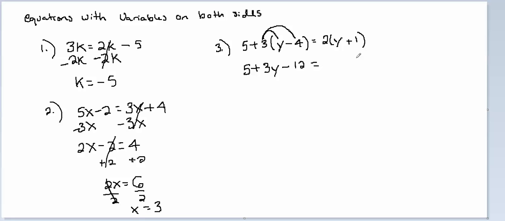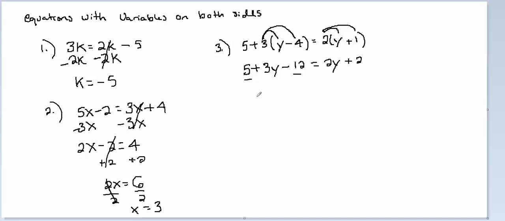Okay, simplify the right side the same way. I'm going to multiply the 2 by the y and the 1. So 2 times y is 2y. 2 times 1 is a positive, bring down the positive 2. Okay, now I still can simplify a couple things on this left side. I have just a number 5 and a number of negative 12, so 5 minus 12 can be combined.